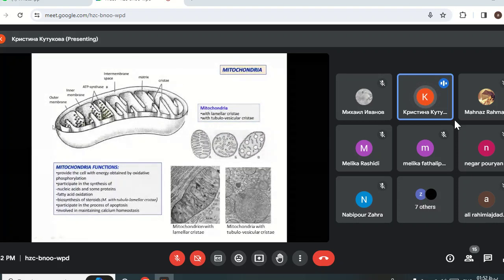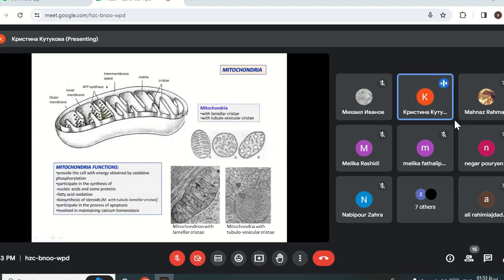So mitochondria contain 2 membranes, the outer membrane and the inner membrane, and this inner membrane makes folds, and these folds are called cristae. Cristae is the plural from crista, one crista, many cristae. And these cristae are separated with matrix, some content which is between the cristae.